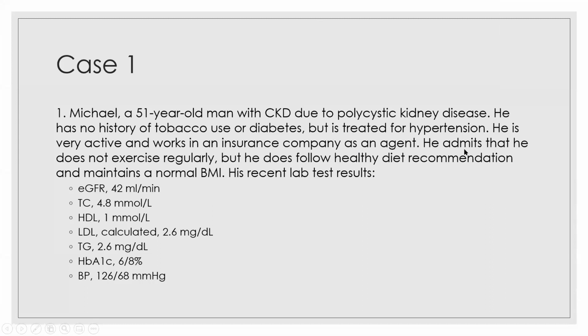He admits that he does not exercise regularly, but he does follow healthy diet recommendations and maintains a normal BMI. His recent lab test: eGFR 42, total cholesterol 4.8, HDL 1, LDL 2.6, TG 2.6, A1C 6.8.